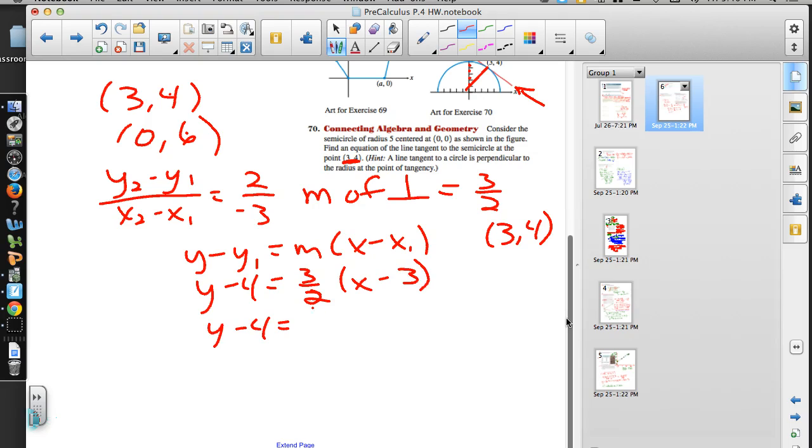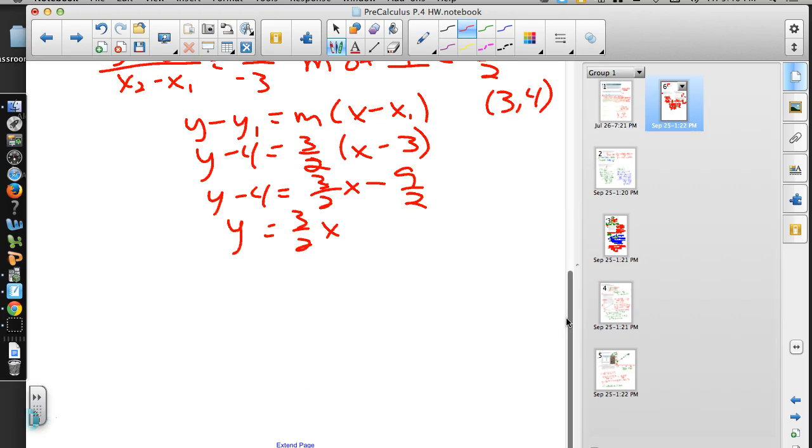So y minus 4 will equal 3/2 x minus 9/2, and then we would add 4 to both sides. And 4 is the same thing as 8/2. So we have a negative 9/2 plus 8/2, and that will be a negative 1/2. So that equation would be y equals 3/2 x minus 1/2.